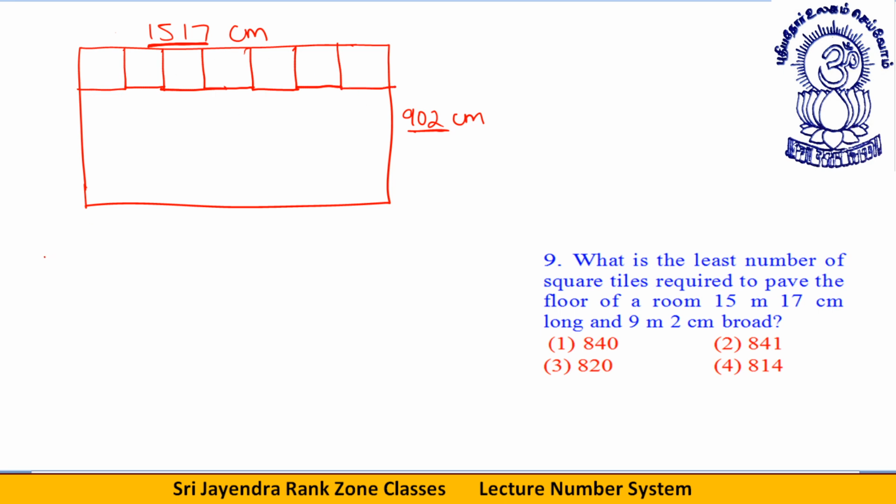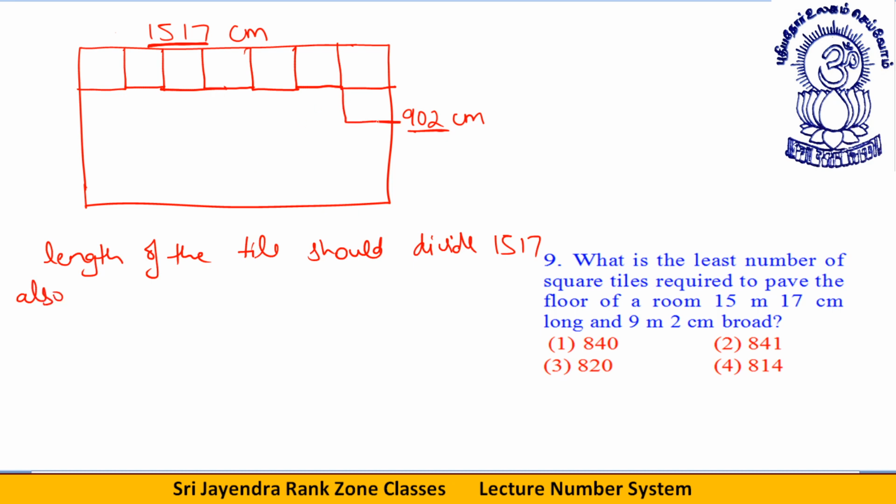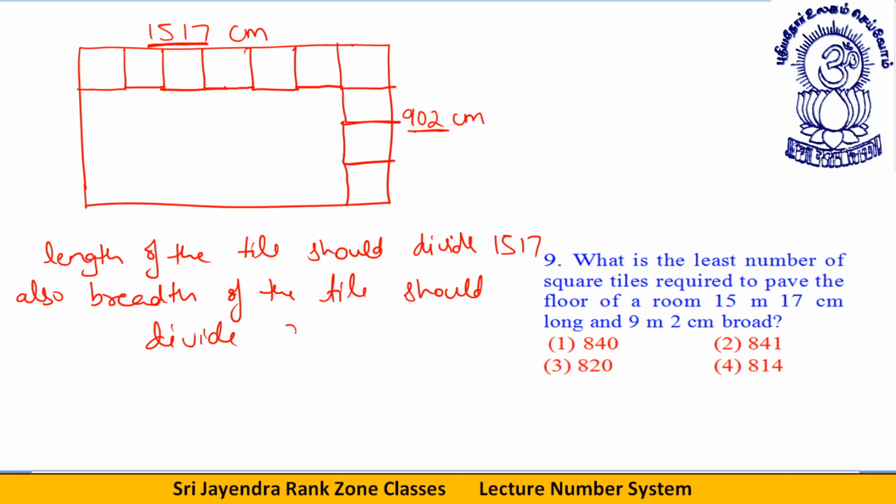So what I mean to say is the length of the tile should divide 1517. Also, the breadth of the tile should divide 902 centimeters.